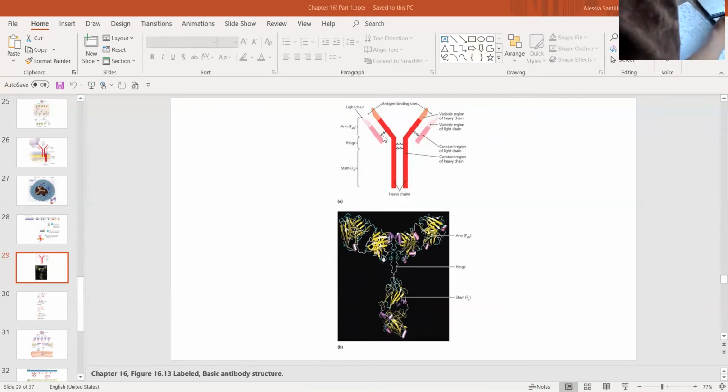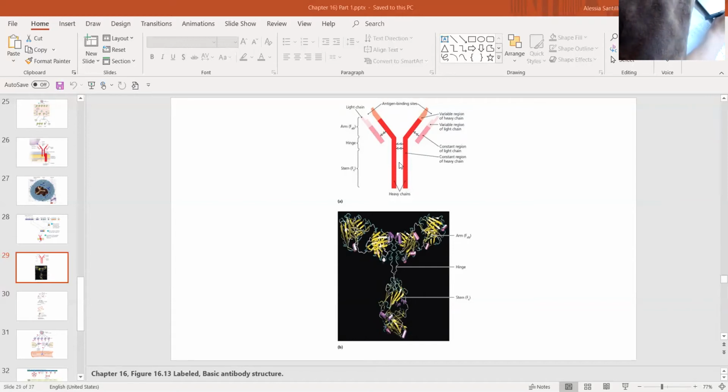And then, of course, we have the hinge, and then we have the stem. The stem is also known as the FC. This is composed predominantly only of the heavy chain. And there are going to be 5 types of stems. These 5 types of stems, mu, G, A, E, and D, are going to constitute the 5 classes of antibodies.